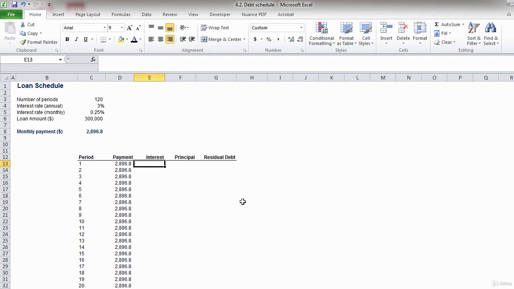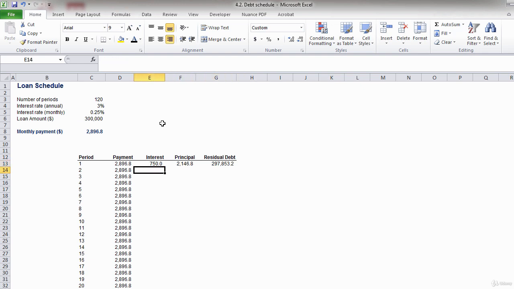In the first period, the amount of interest that will be accrued is based on the whole amount of debt that is drawn, and given that no payments have been made, we have $300,000 times the interest rate, which equals $750. The difference between the payment and the amount of interest payments is the amount of principal that is repaid. In the last column, we can calculate the residual debt that remains after this payment.